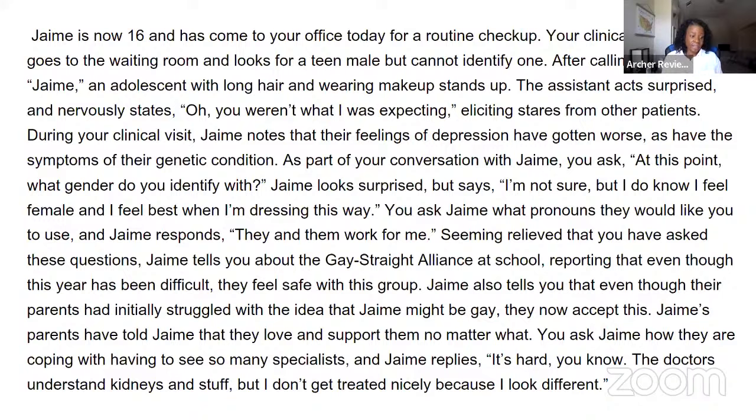The assistant acts surprised and nervously states, Oh, you weren't what I was expecting, eliciting stares from other patients and people in the waiting room. During your clinical visit, Jamie notes that their feelings of depression have gotten worse, and they are also having the symptoms of their genetic condition as well.